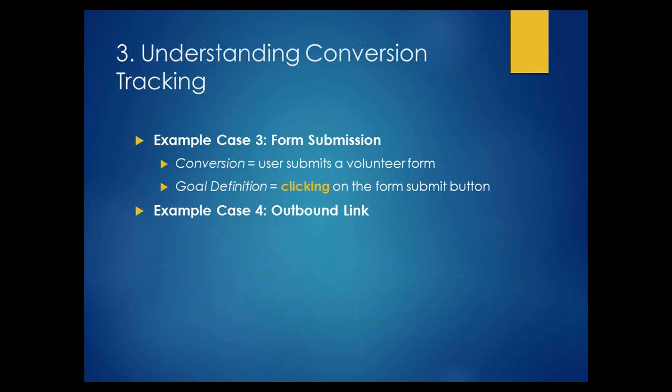Number 4, you have outbound links. Let me explain this a little bit. With Google Analytics, if you remember, I was defining what this is: Google Analytics tracks what happens when people visit your site and what they do when they get on your site.